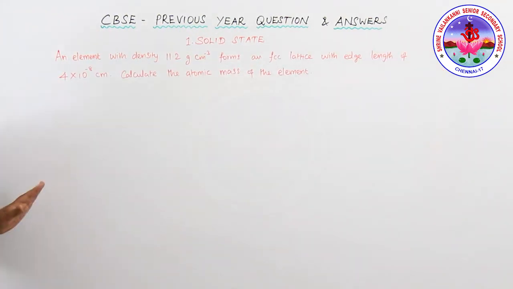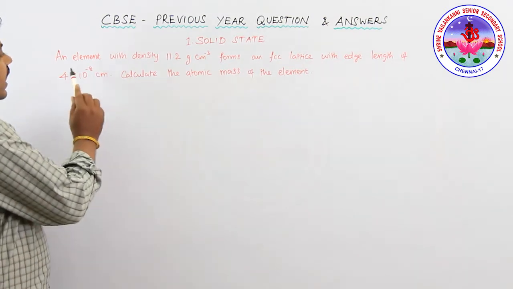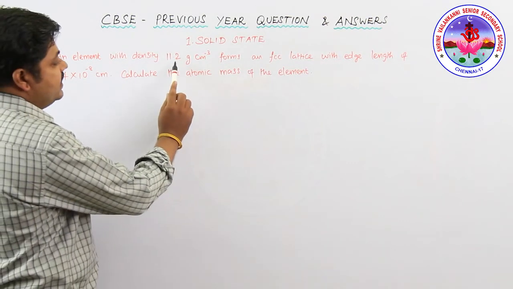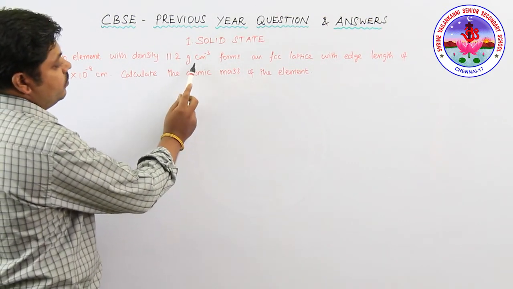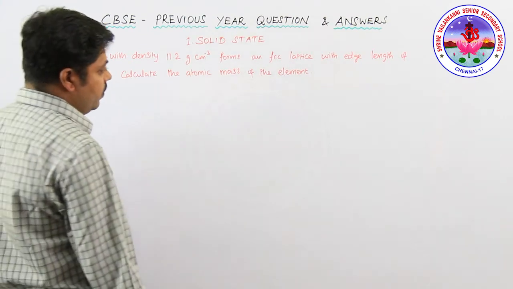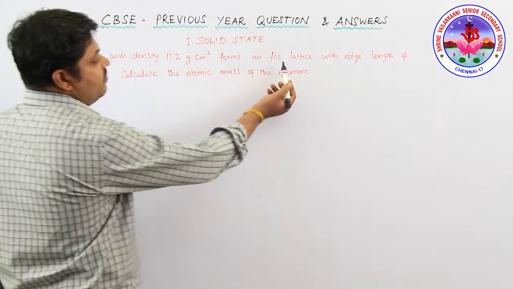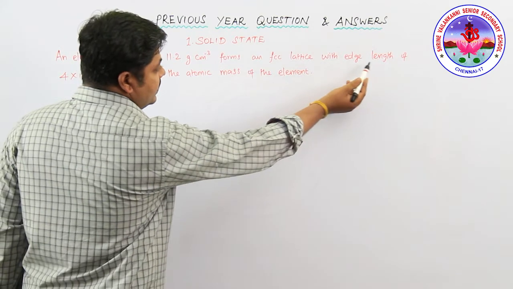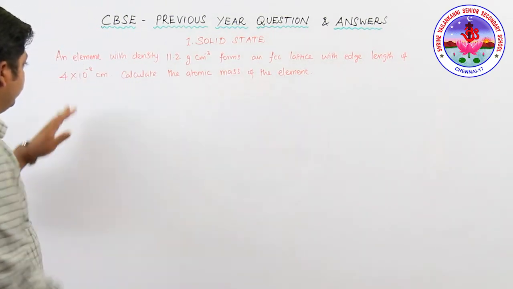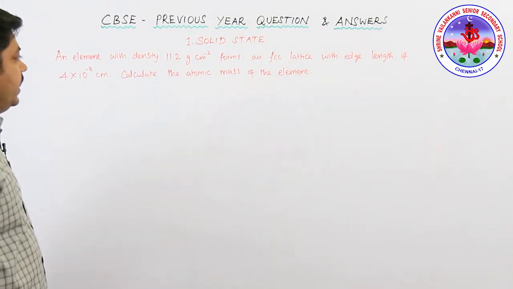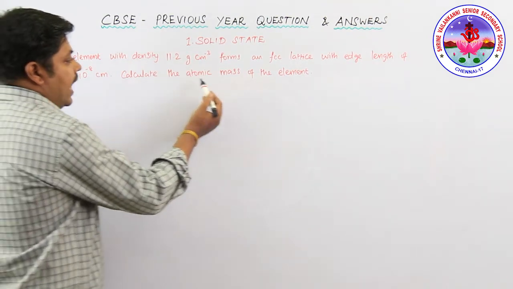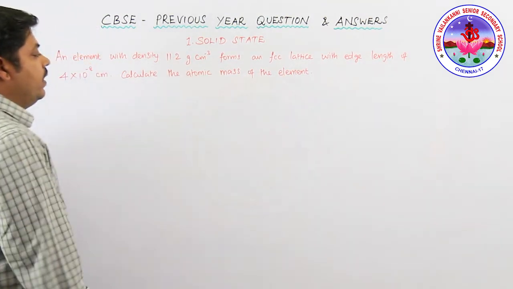Look at this numerical, students. An element with density 11.2 gram per centimeter cube forms an FCC lattice with edge length of 4 into 10 power minus 8 centimeter. Calculate the atomic mass of the element.